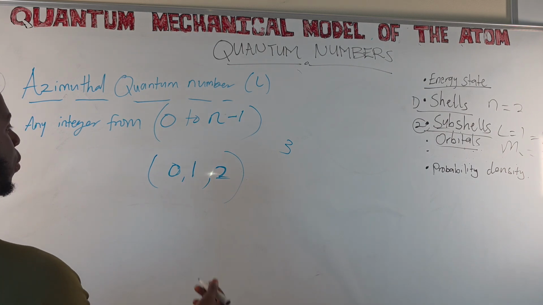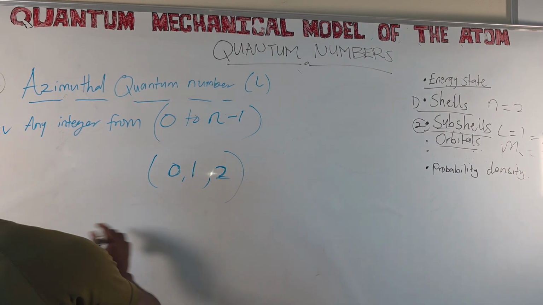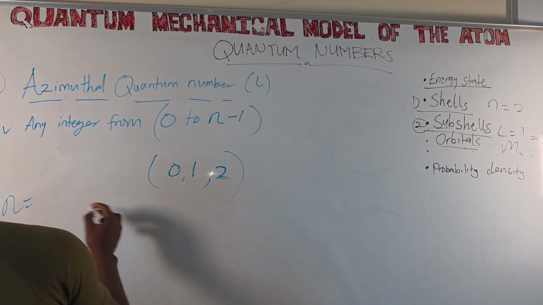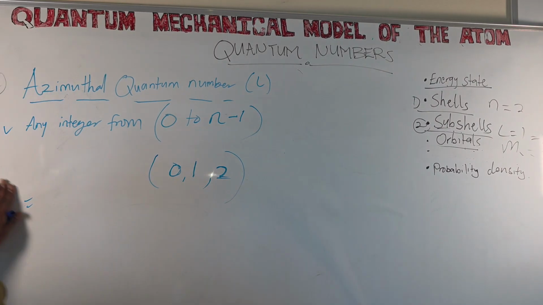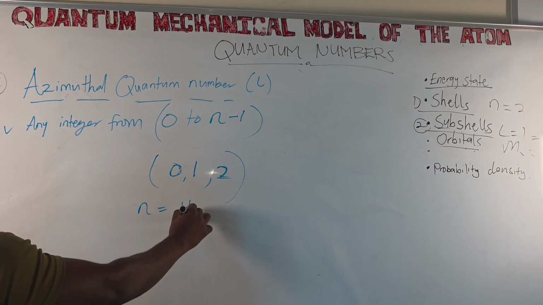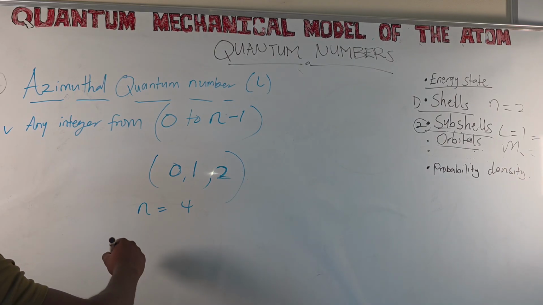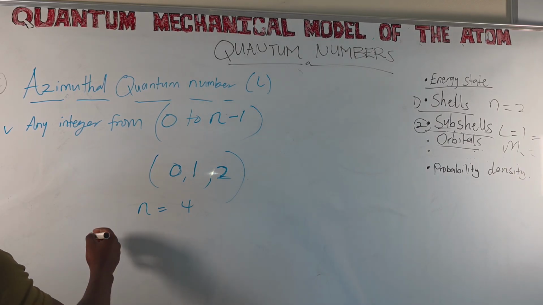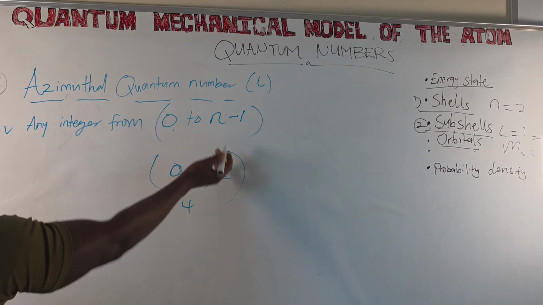Another example, if we have the principal quantum number n equal to, say, 4, then our azimuthal quantum number would be anywhere from 0 to n minus 1.